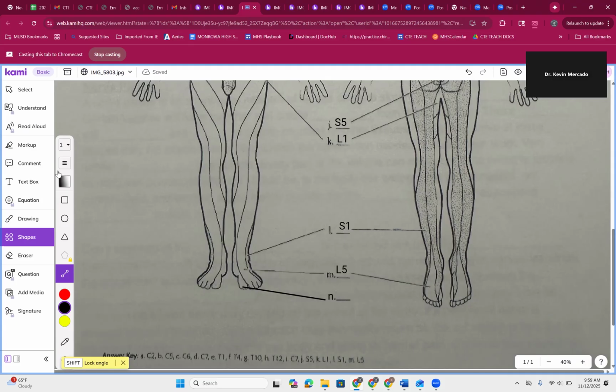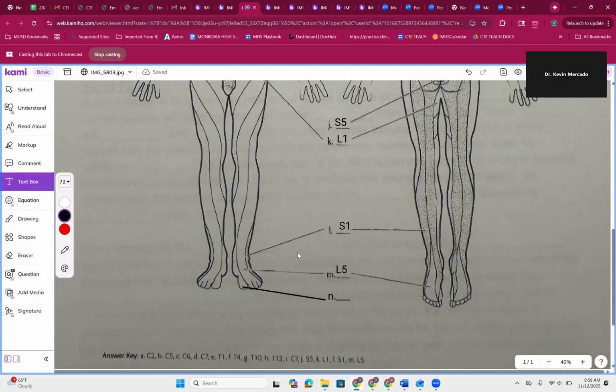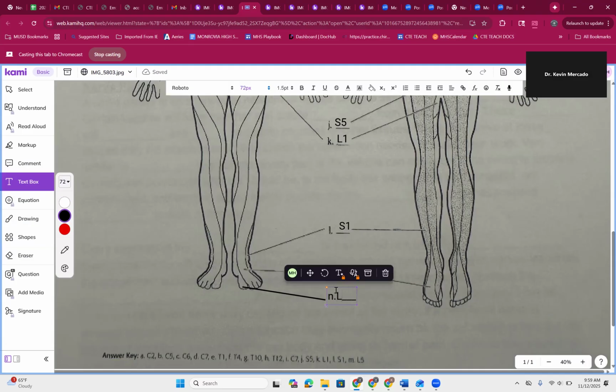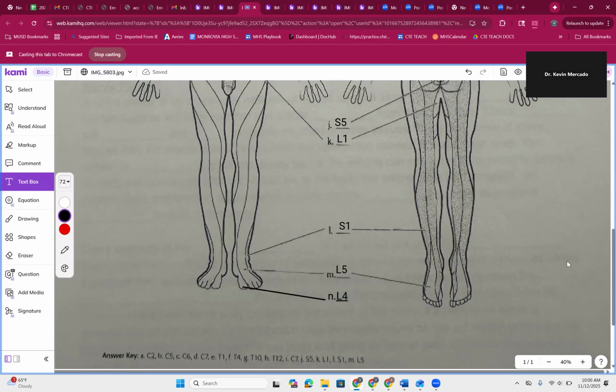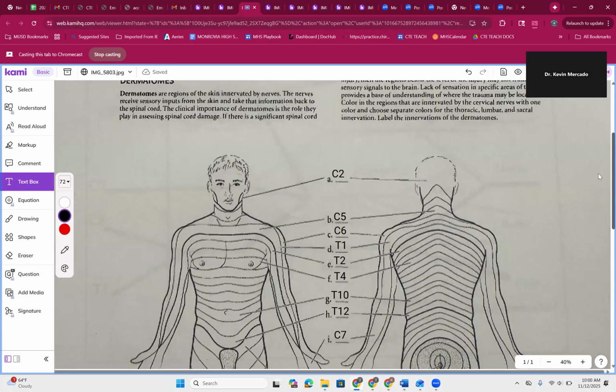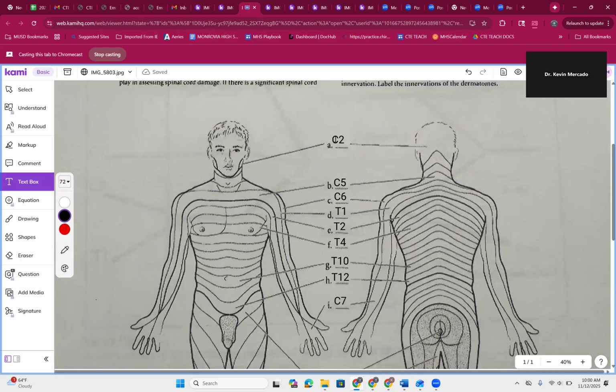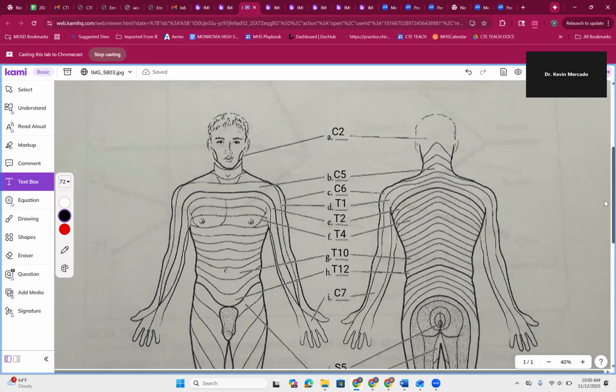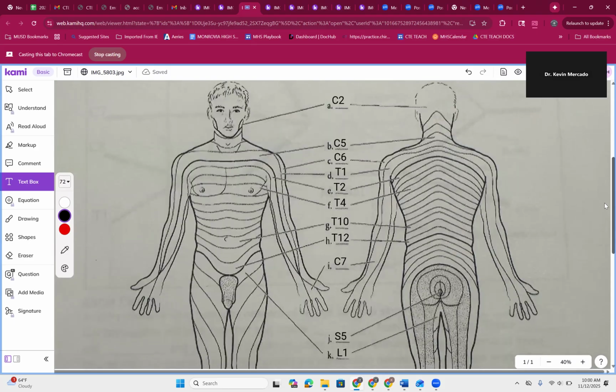And then N is L4. Okay, so each corresponding spinal nerve relates to a particular area of the body that corresponds to that sensory level or skin level.